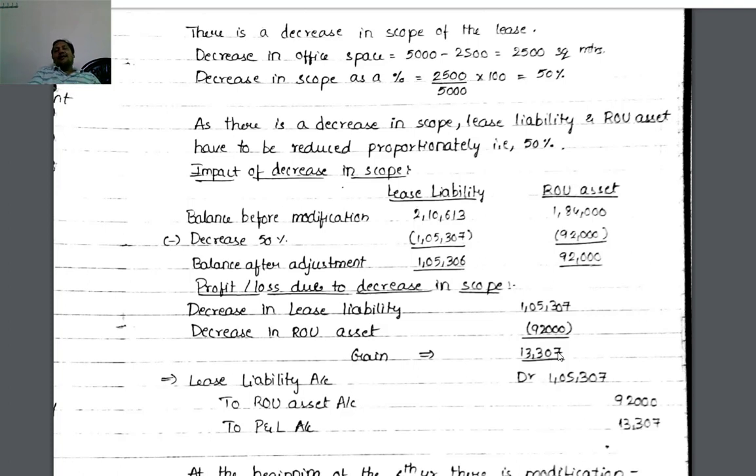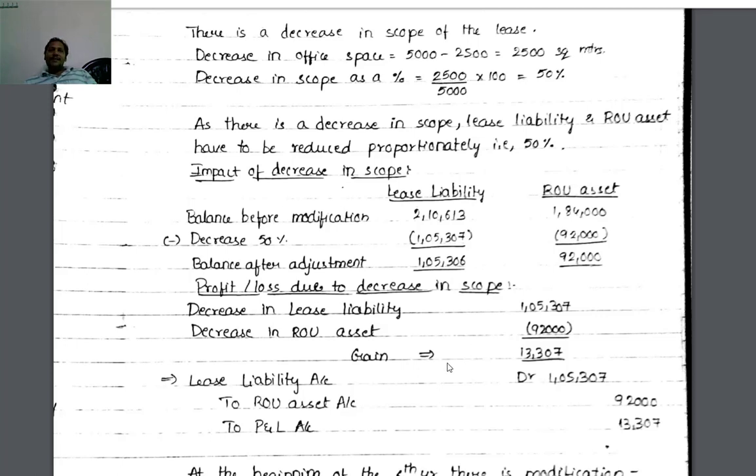So once again, lease liability account debit 1,05,307, to ROU asset account 92,000, to P&L account 13,307. So we have to compare the decrease in liability and decrease in ROU asset. Difference, if net liability reduces, gain. If net asset decreases, that is a loss. We have to adjust to the P&L account.